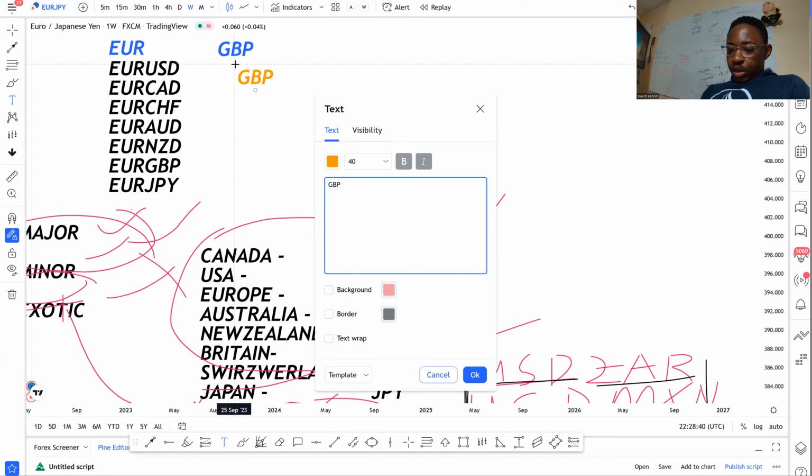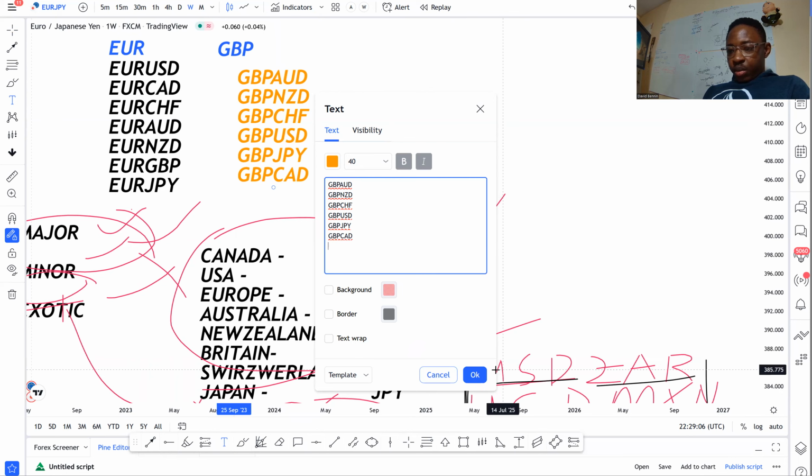So we have GBP, AUD, GBP, NZD, GBP, CHF, GBP, USD, GBP, JPY, GBP, CAD.